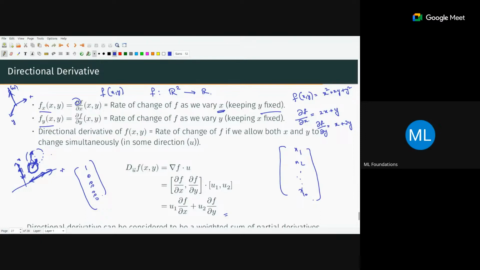That is what I want you to understand. Depending upon the direction, the rate of change of that function will change. It's not that we can always analyze the rate of change of f with partial derivatives alone. There is one more factor, which is that direction also plays a major role.